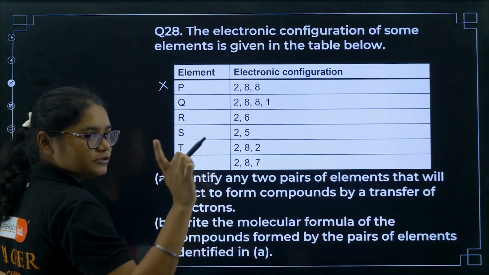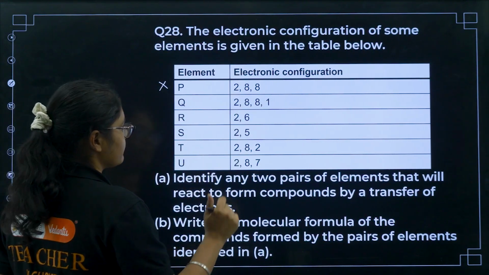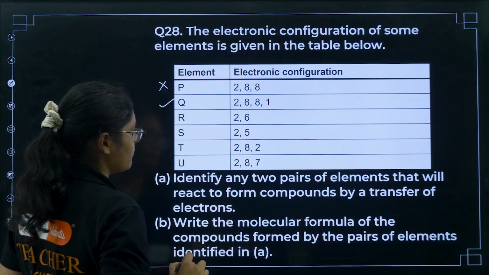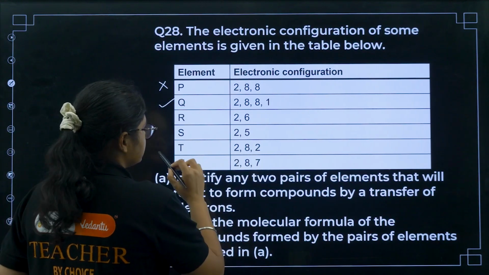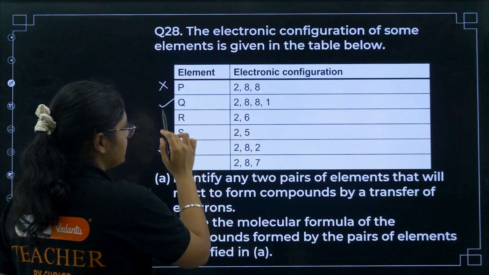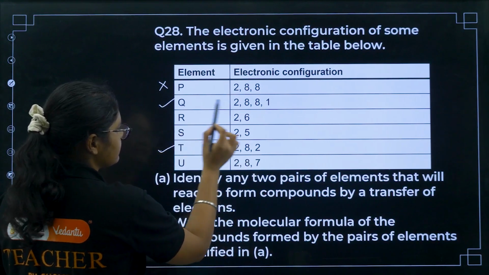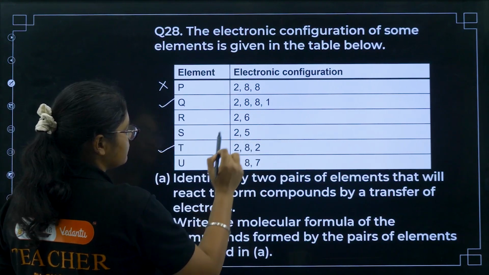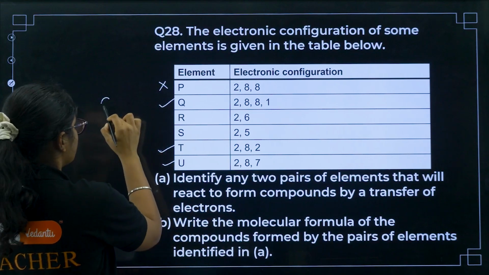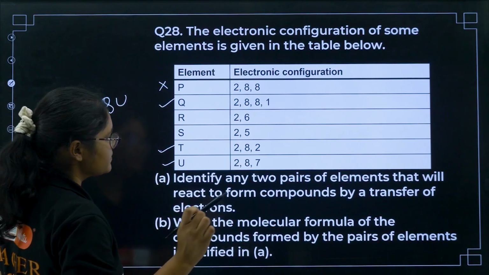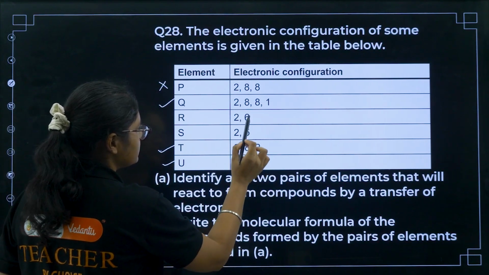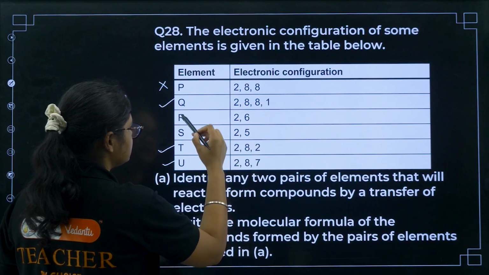So it won't transfer its electron. This can lose, so it can form, okay. Now this can also lose, okay. If these two will lose, then Q is losing 1 electron, so 1 electron will be gained by U. So we can have a pair between Q and U. Similarly here 2 electrons are lost, so 2 electrons will be gained, so it is T and R.